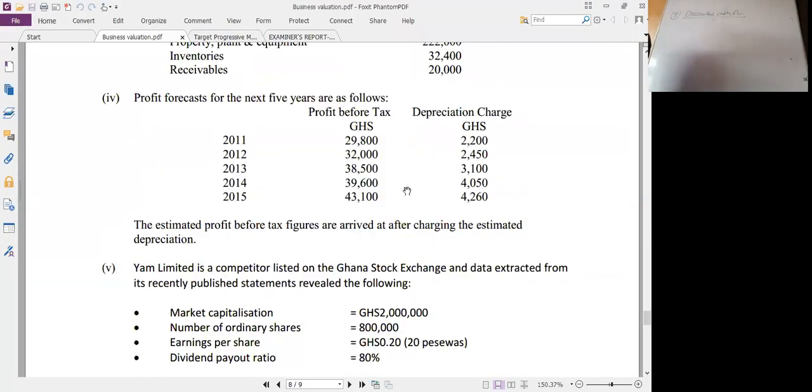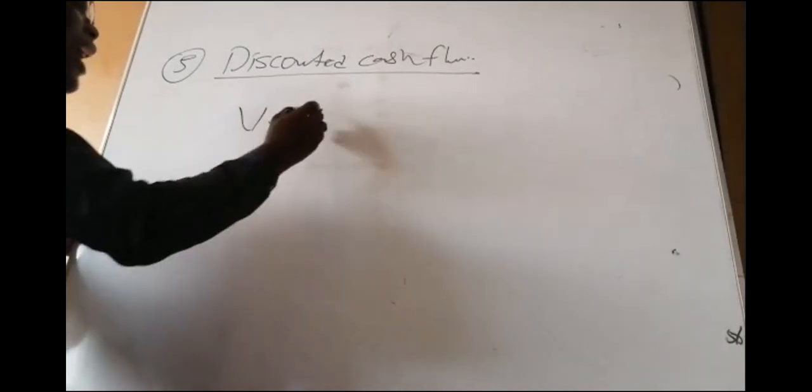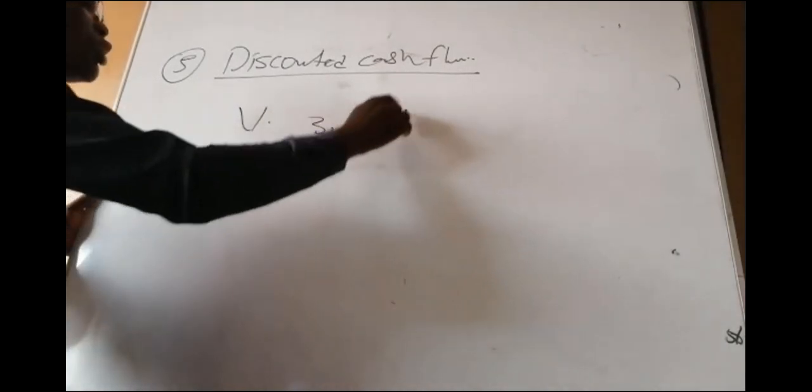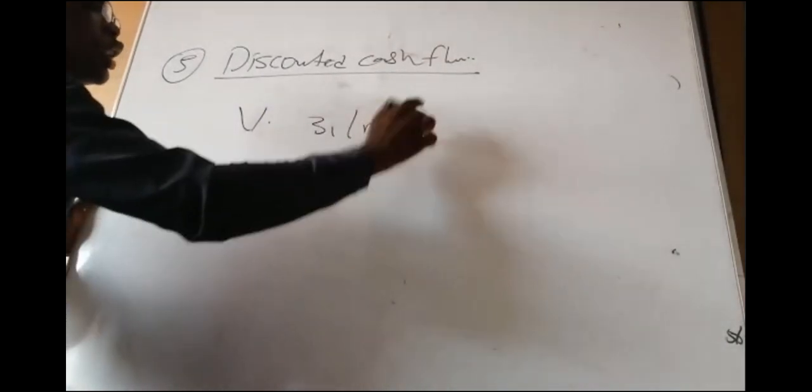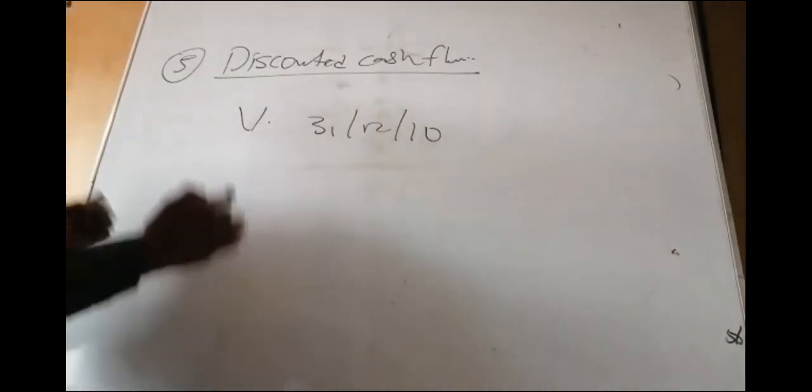So let's look at this question and see how best we can do justice to it. One thing about this: if you are valuing the company as at 31st December 2010, you need cash flow 1 year from now.